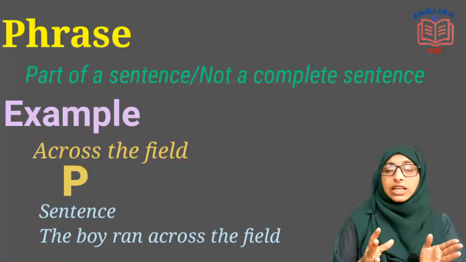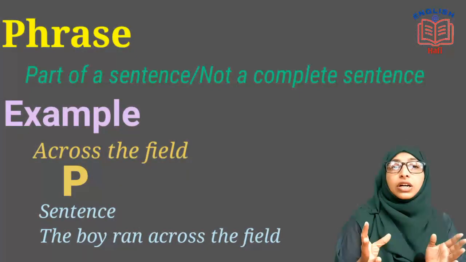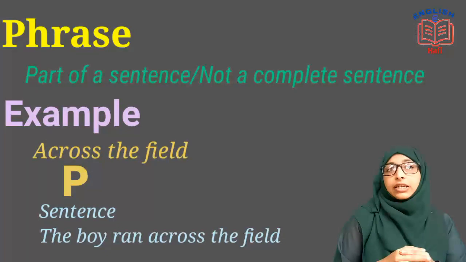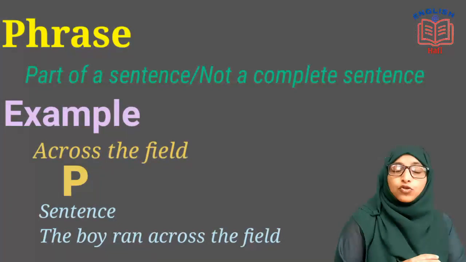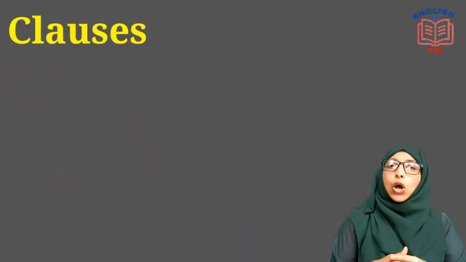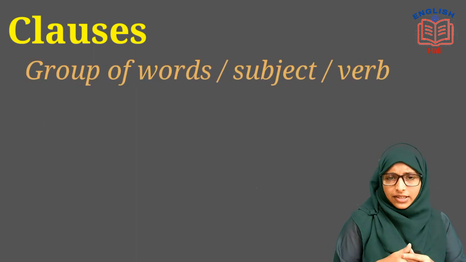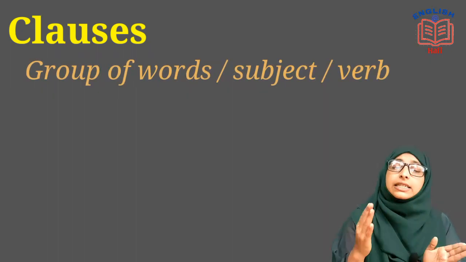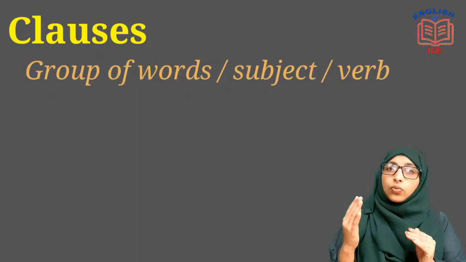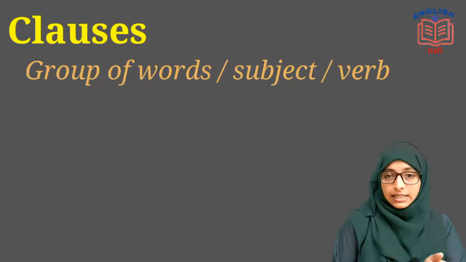So a phrase is a group of words and it doesn't give you a proper meaning and it doesn't have both a subject and a verb. So next one, clauses. A clause is a group of related words containing a subject and a verb. It is similar to a sentence.